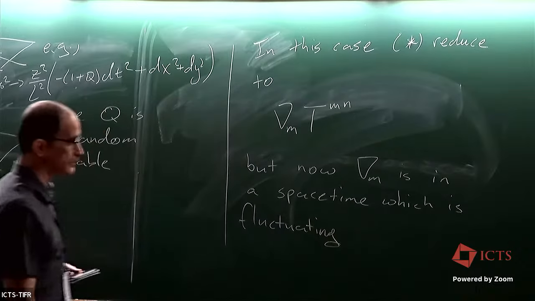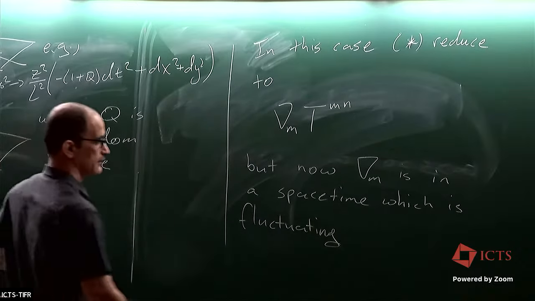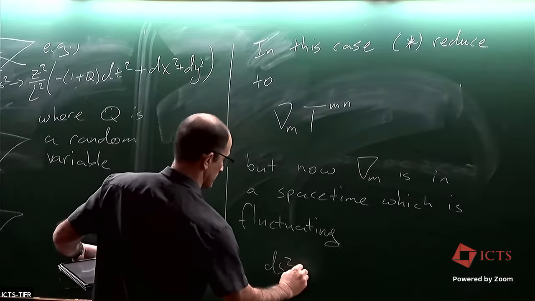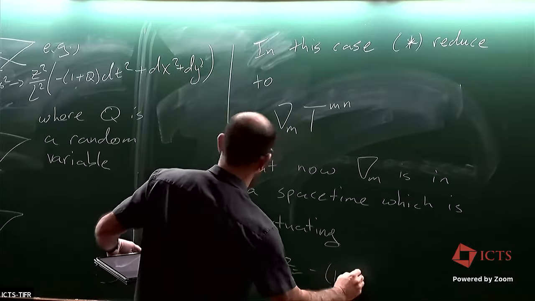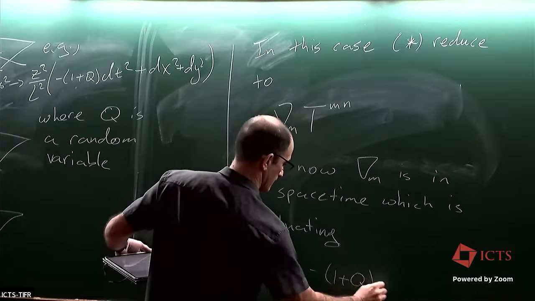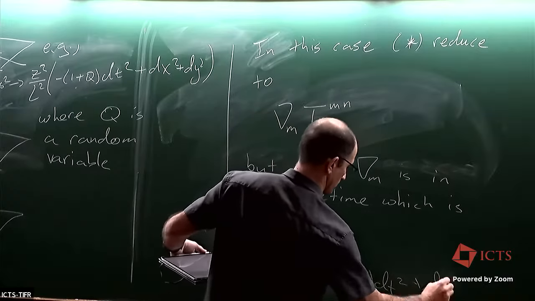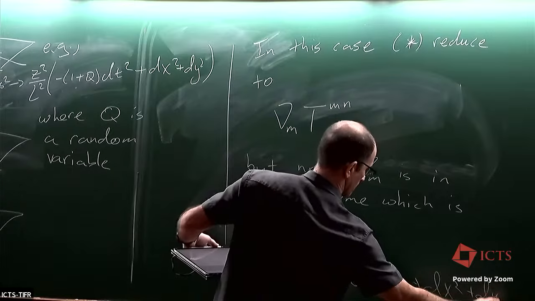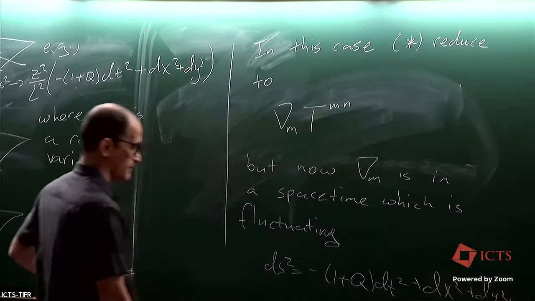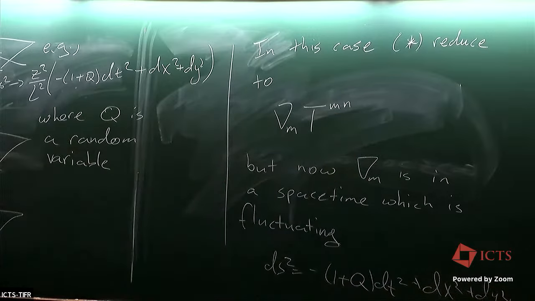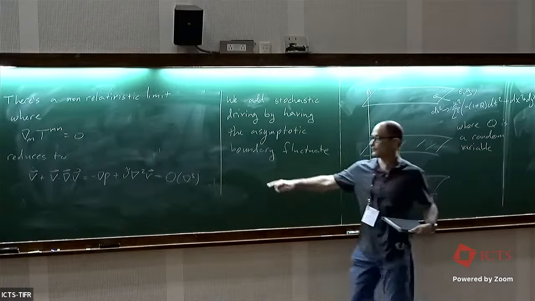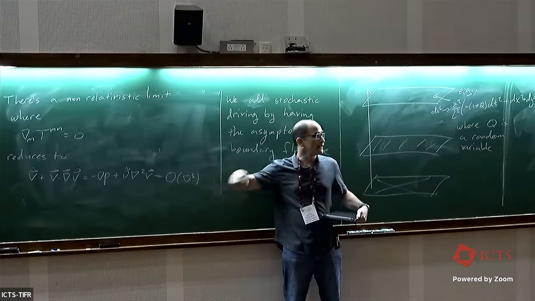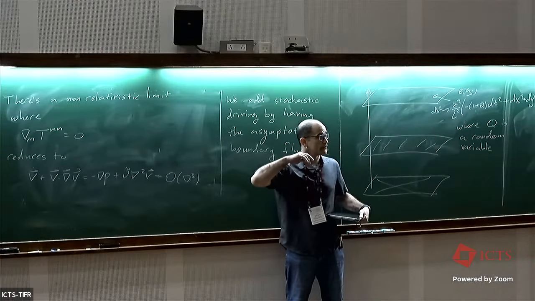There's a non-trivial Christoffel connection in this space-time. And if we take the non-relativistic limit of this, then what we'll get is a non-relativistic fluid that's inside some stochastic gravitational potential.